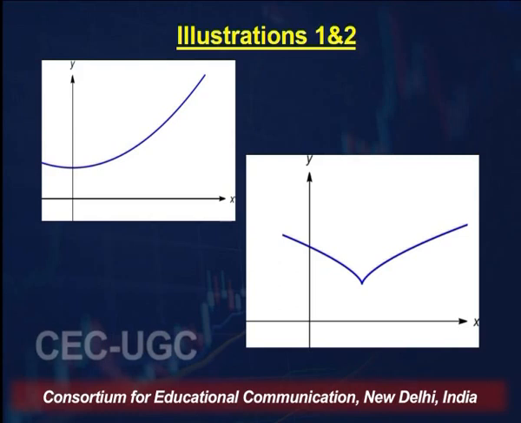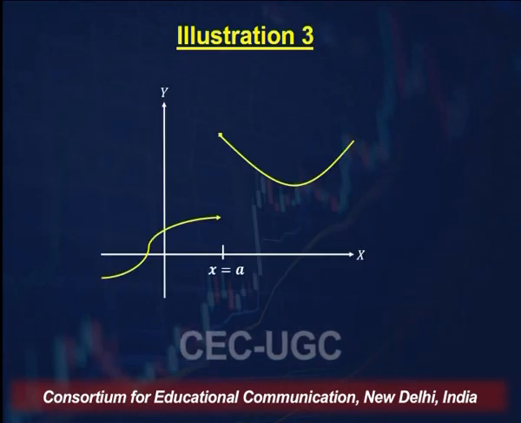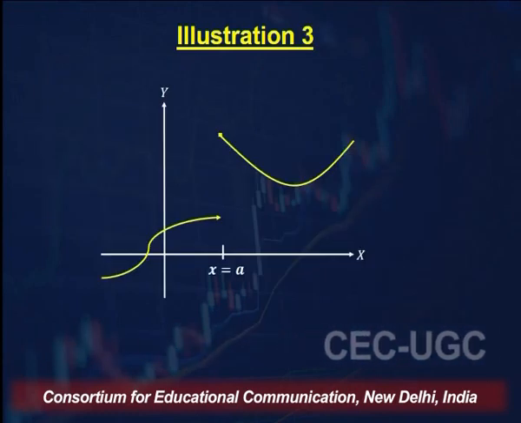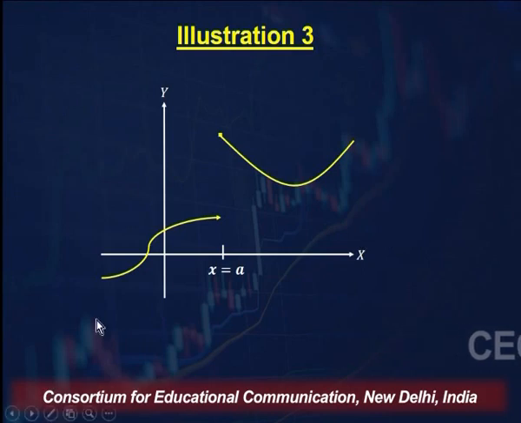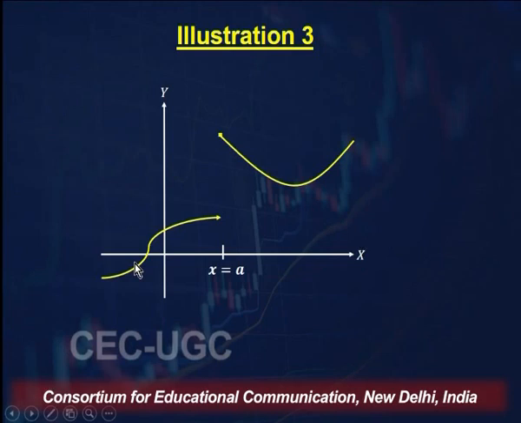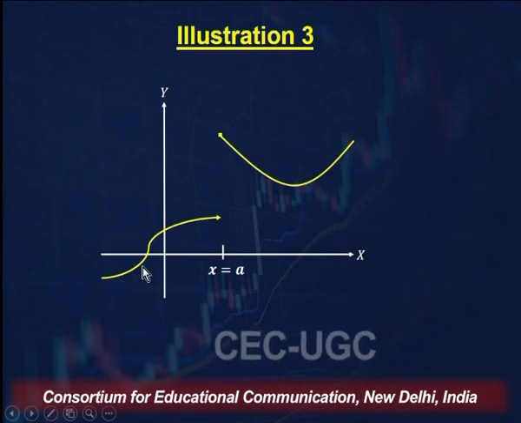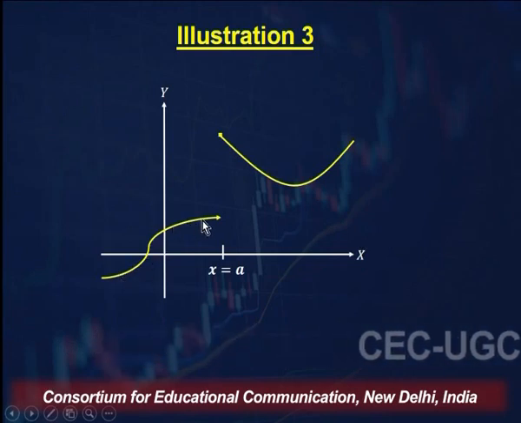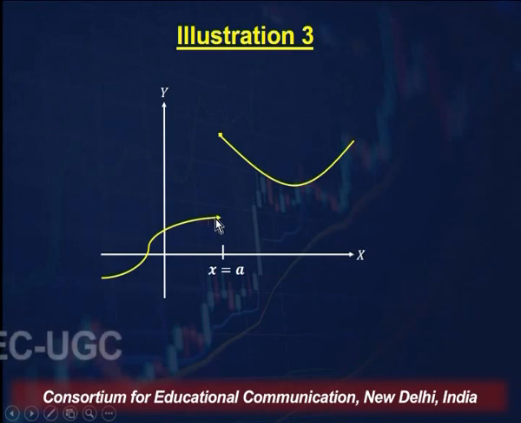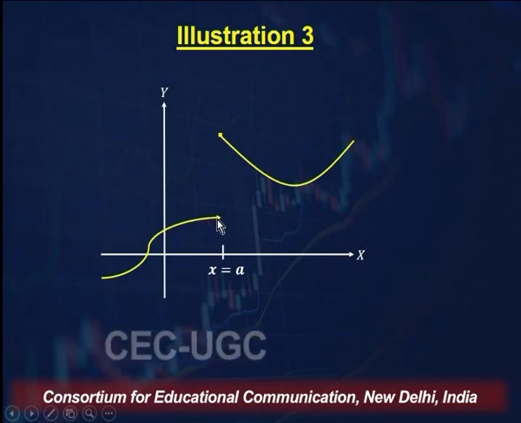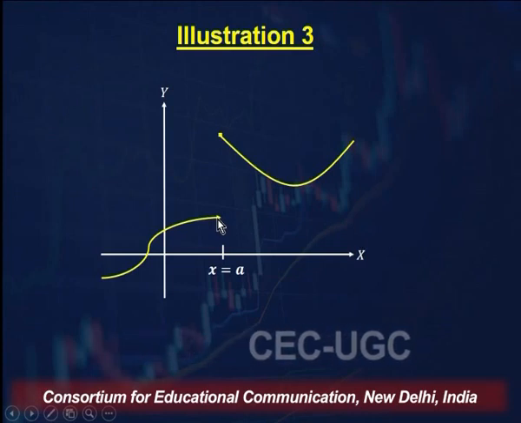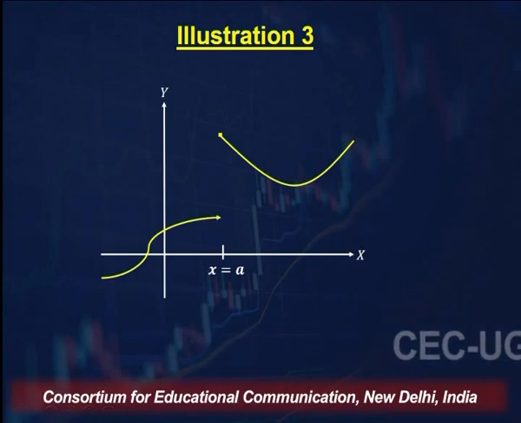Is that okay? If you look at this particular illustration, on the other hand, you'll see that in order to draw this graph, you will have to lift your pen or pencil off the paper. When you first draw this curve, you can see how I'm traversing it with the help of the mouse here. After you reach this point at x equal to a, you will see that there is a sudden jump.